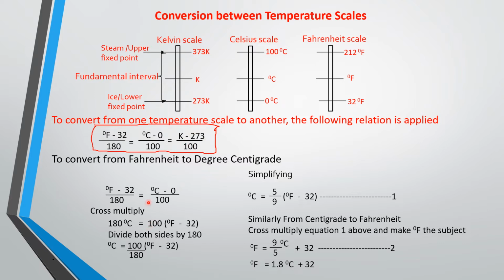So assuming you want to convert from Fahrenheit to centigrade or centigrade to Fahrenheit, as the case may be, you will use the equation that involves the two scales that you want to convert. So from degree Fahrenheit to centigrade, you bring out this equation.